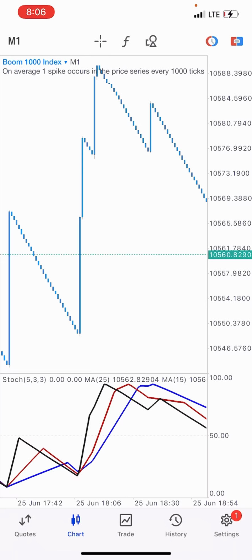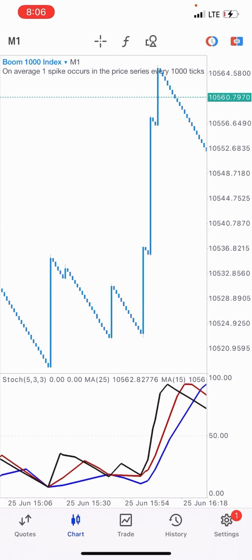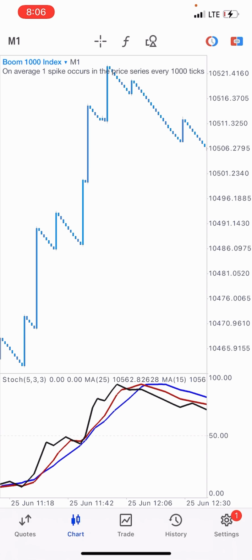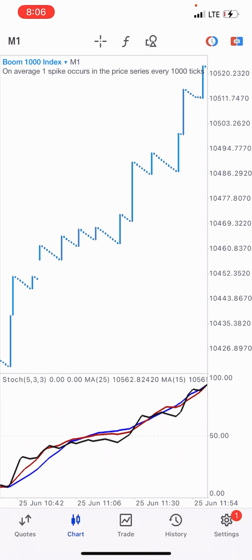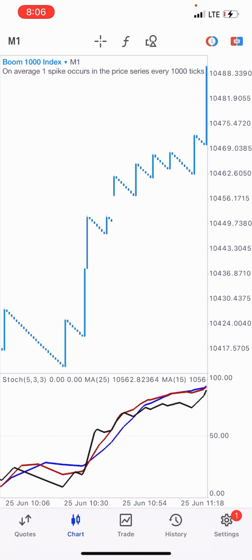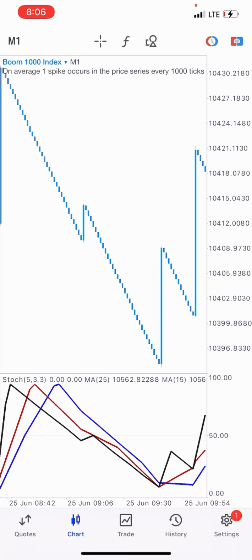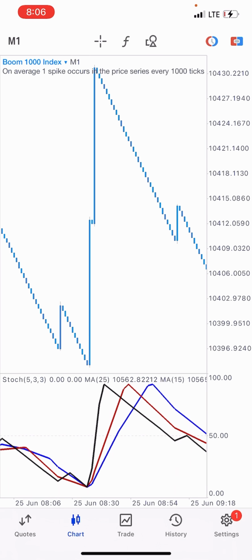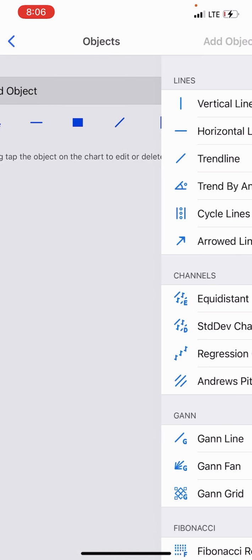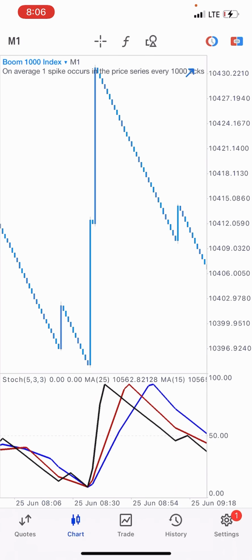I'll be explaining right now how to trade this simple strategy for boom and crash. This strategy is for spikes only. You can see right here you have three indicators: the black, the red, and the blue.